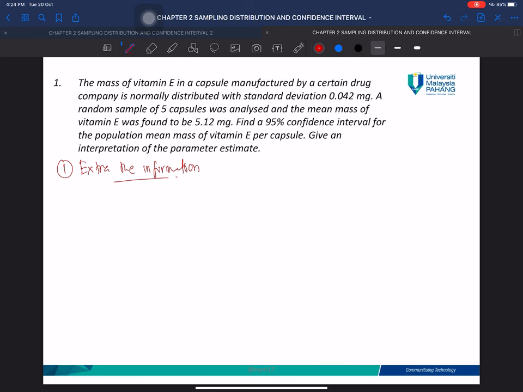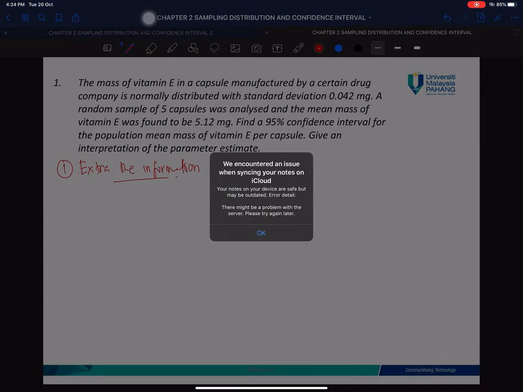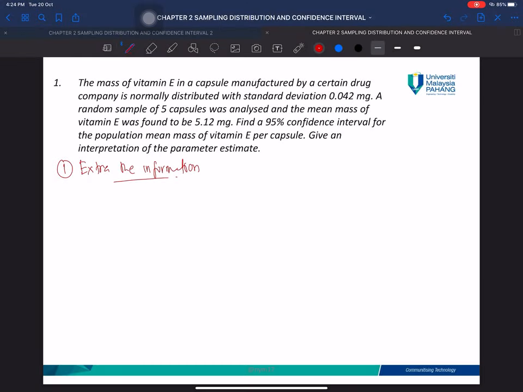So the mass of the vitamin E in a capsule manufactured by a certain drug company is normally distributed with standard deviation of 0.042. A random sample of 5 capsules was analyzed and the mean mass of the vitamin E was found to be 5.12 mg.